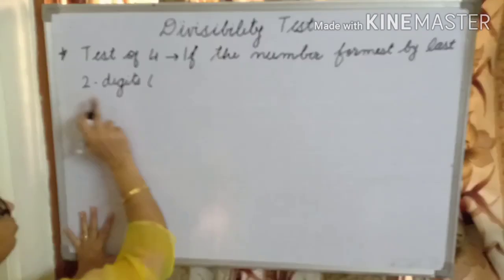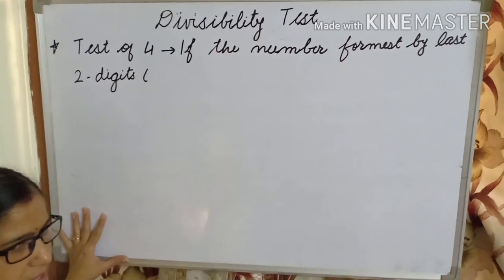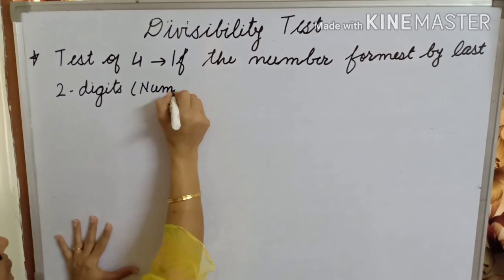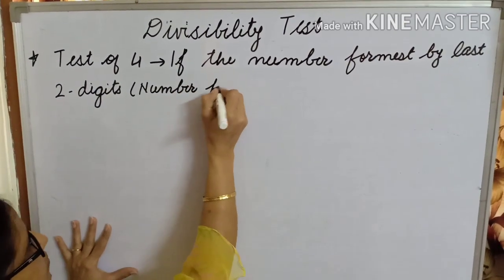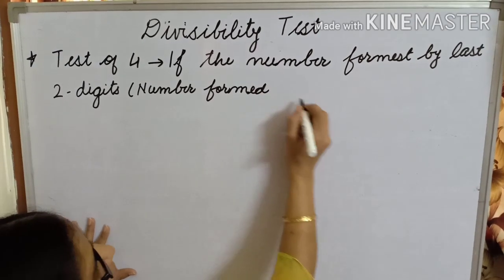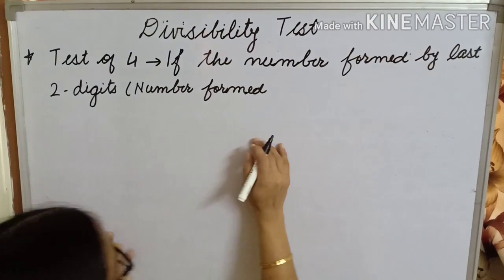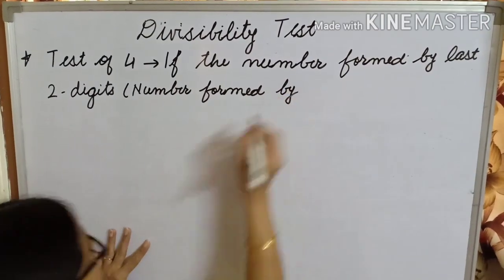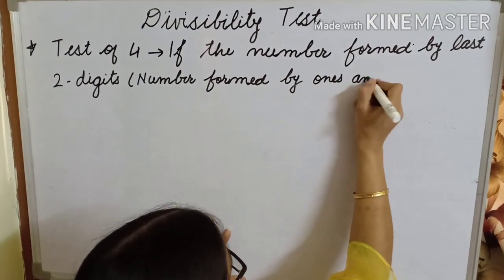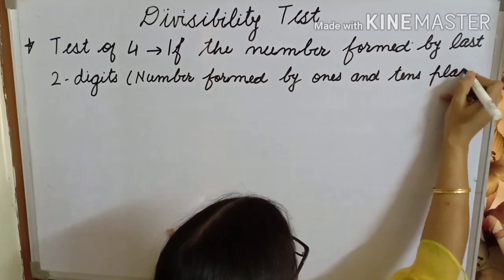Last 2 digits means the number formed by ones and tens place digit.